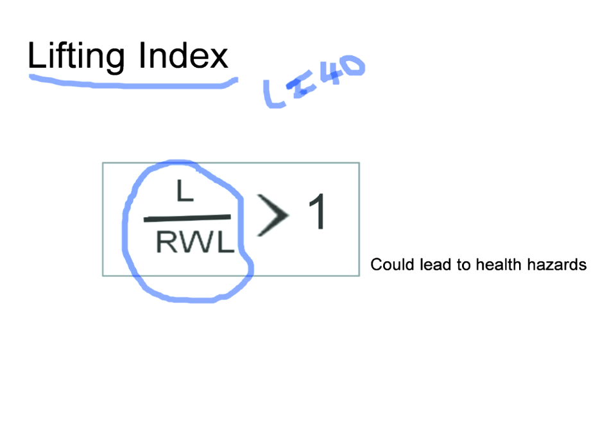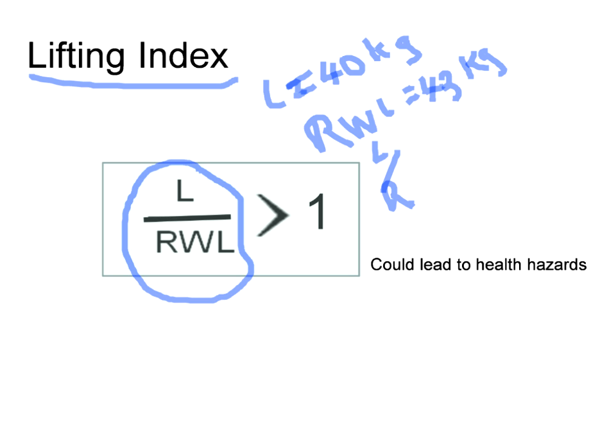If L divided by recommended weight limit is more than 1, it is not good. It is danger. I will show you in the next slide. This is called lifting index. Lifting index is nothing but L, the actual load, divided by recommended weight limit.